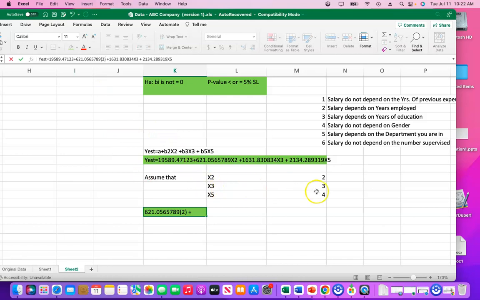So how about X3? This person has 3 years of education, so we will change X3 variable to 3 years of education. And how about the department? We are going to change X5, and we can put there 4.